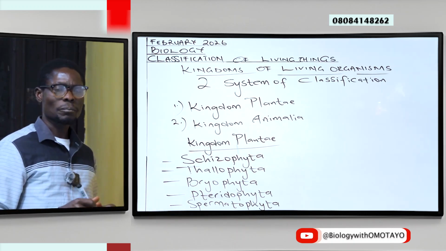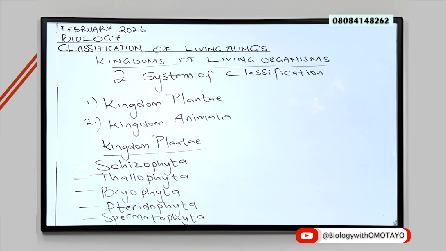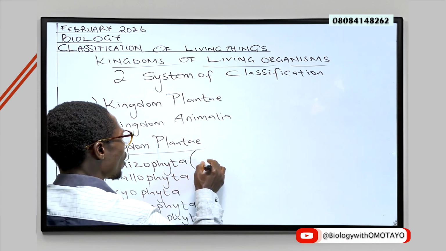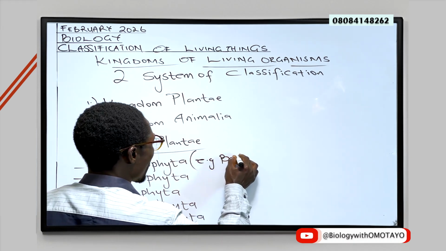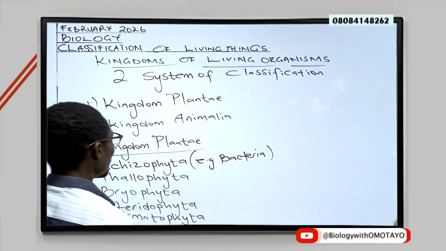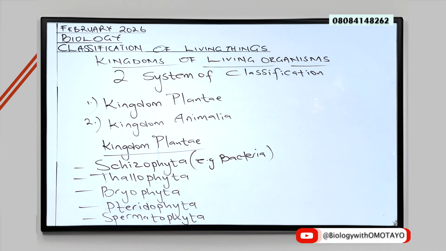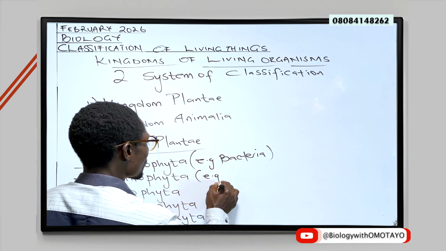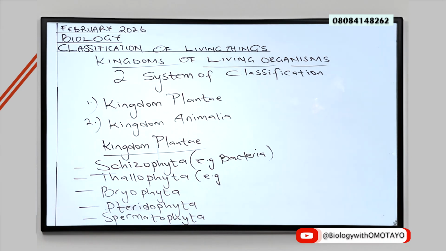To start with, the least complex he came up with is Schizophyta, and this division contains organisms such as the bacteria. After which he went on to bring on the Thallophyta, which has organisms such as the algae. Then he went on to bring in the Bryophyta, and then the Pteridophyta, and lastly the Spermatophyta.